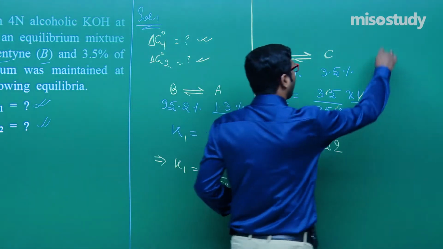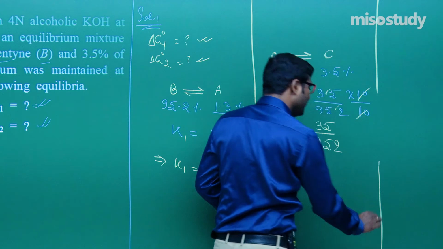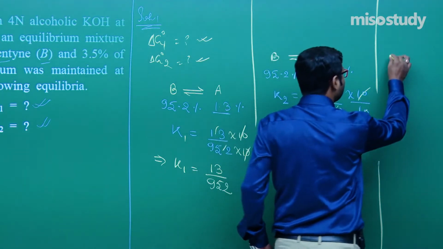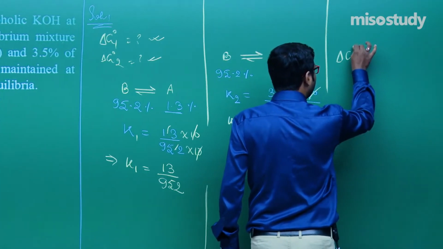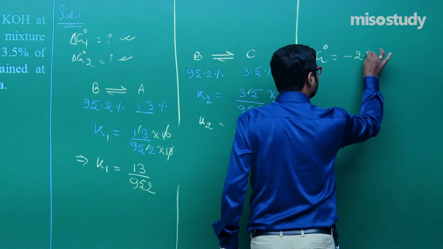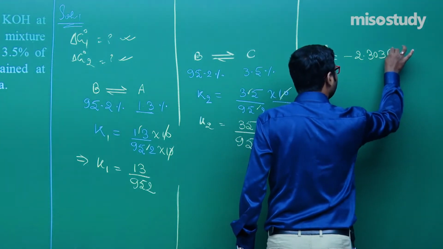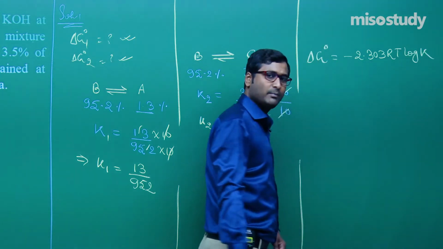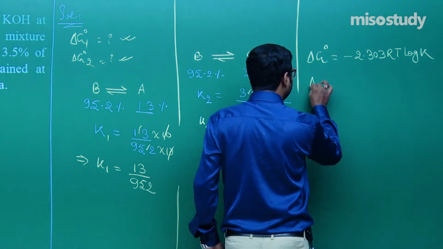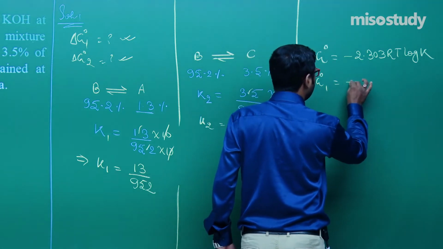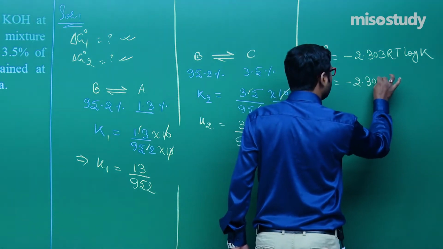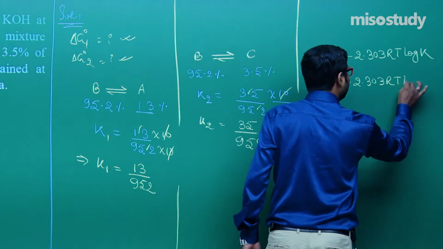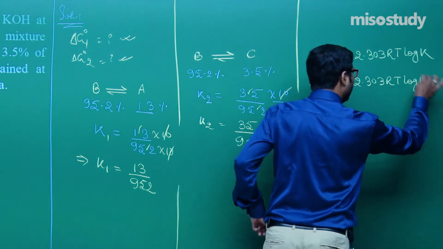Now moving here. Where to move, tell me? We have to find delta G. As we all know, delta G is equal to minus 2.303 RT log K. Do you remember this? Now delta G1 is equal to minus 2.303 RT log K1.